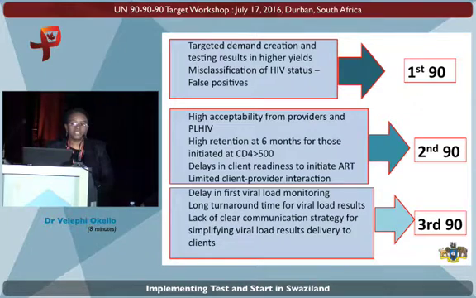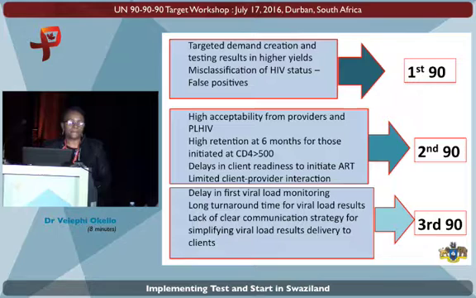So now the question is, how do we ensure that they understand what viral load is without them having to admit that my virus is more or my virus is less? So there is some very sensitive information that we need to make sure that we work on.